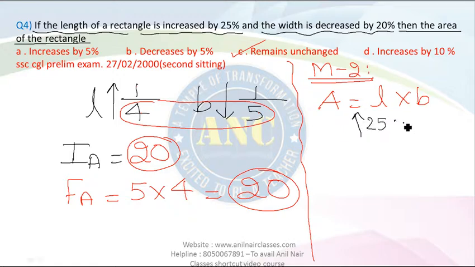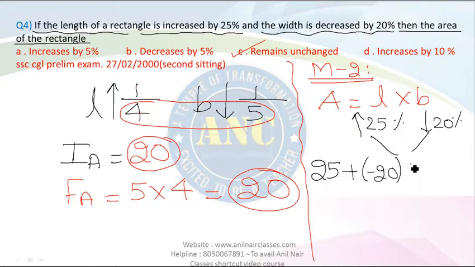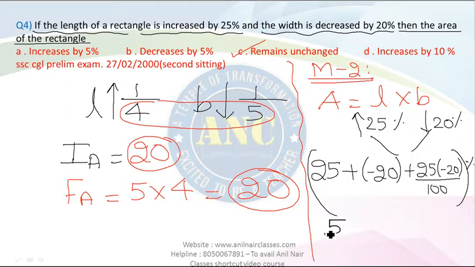Length increases by 25, breadth decreases by 20. That means it is A plus B plus A into B by 100 percentage. 25 plus minus 20 plus 25 into minus 20 divided by 100, all in percentage. 25 minus 20 is 5. 25 into 1, 25 into 4, 4 into 1, 4 into 5.